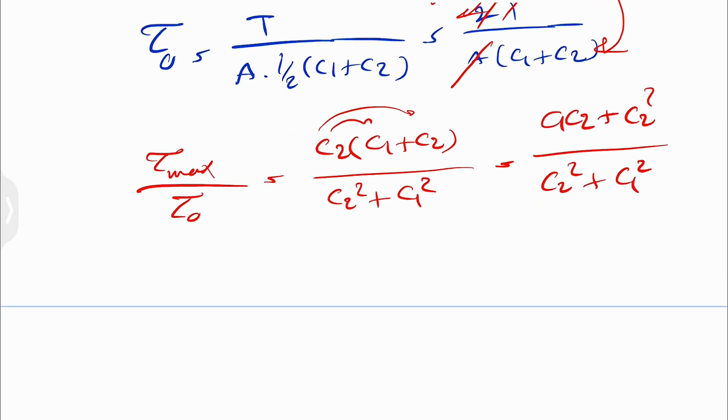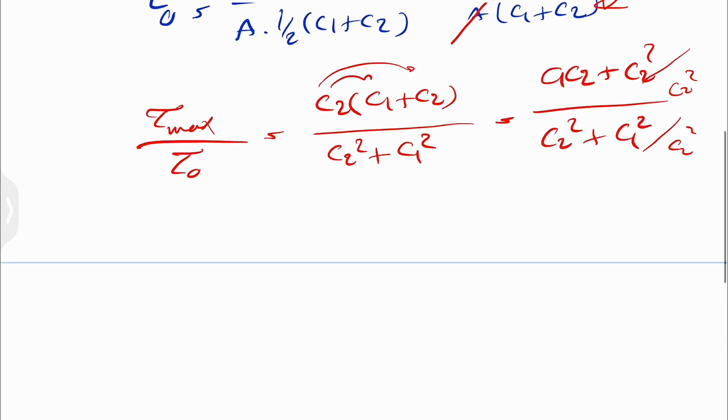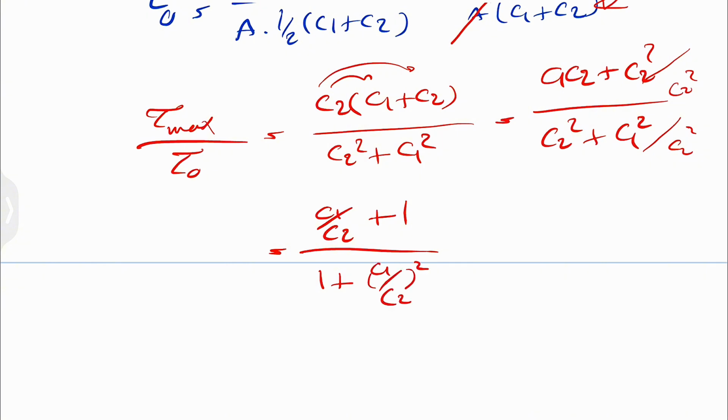How are we going to solve this? We can actually divide the numerator and the denominator by C2 squared. It won't make any change to our ratio. So from the first one, what we're going to get is C1 over C2 plus 1, and here we're going to have 1 plus C1 over C2 to the power of 2.